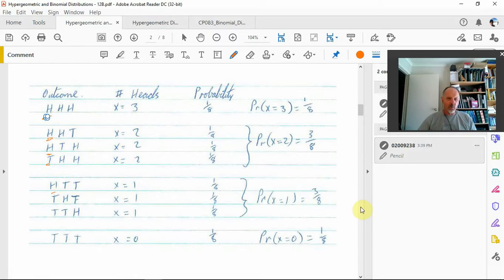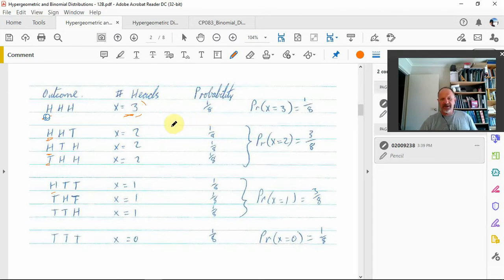So one of the possibilities is this first one here. On your first throw you get a head, then a head on the second, and a head on the third. So the variable we're interested in here is the number of heads, and so that's the x, and in this case it's 3, so we're getting 3 heads. All right, so what is the probability of 3 heads?